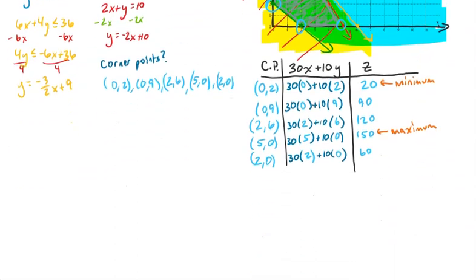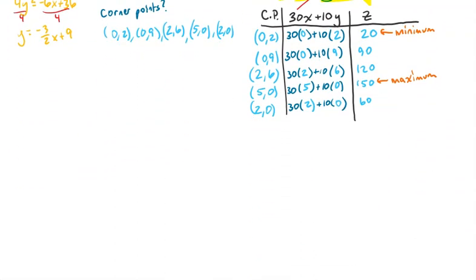All right, now it does depend on the question and what it asks for, but in general, here's how we're going to write our answers for stuff like this. We would say that this function has a minimum of 20 at the point (0, 2). We want both of those things.